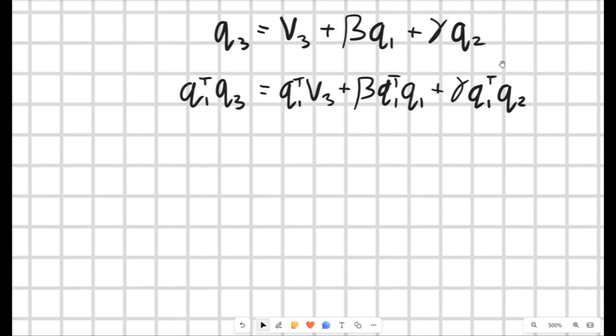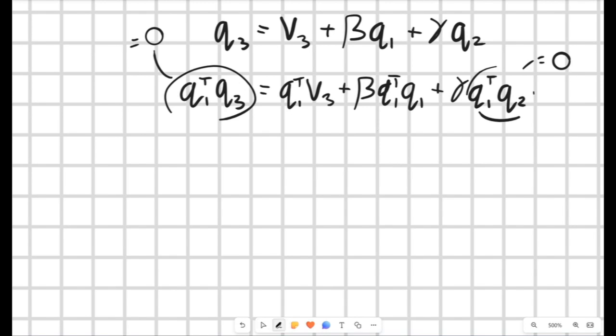Okay, so by definition, Q1 transposed Q2 is equal to 0 because we did that in the previous step. We deliberately chose a Q2 that's orthogonal to Q1, and also we want to choose these constants so that Q1 transposed Q3 is 0. We want those to be orthogonal too.